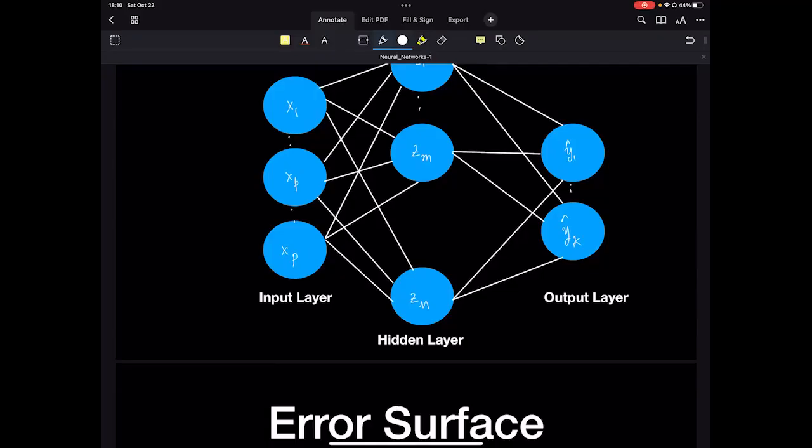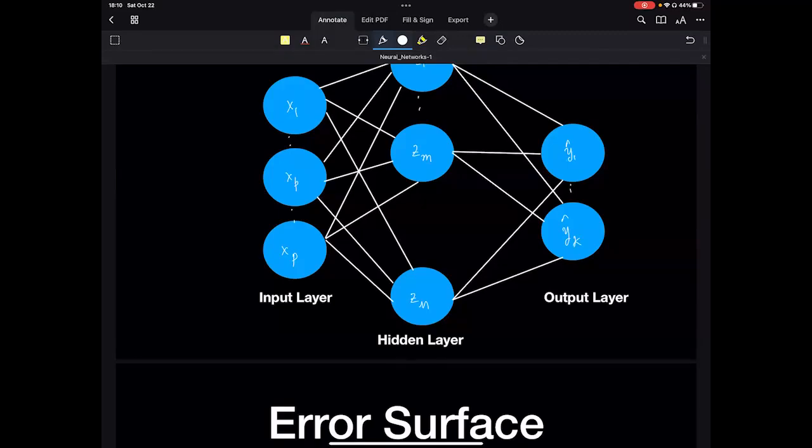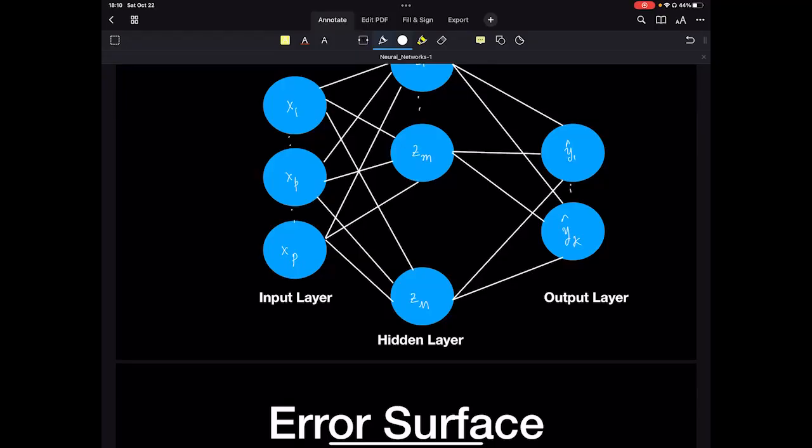And why do we want this y hat related to x? What is our motivation? Yeah, the question is, I now want to write out how y hat is related to x explicitly.